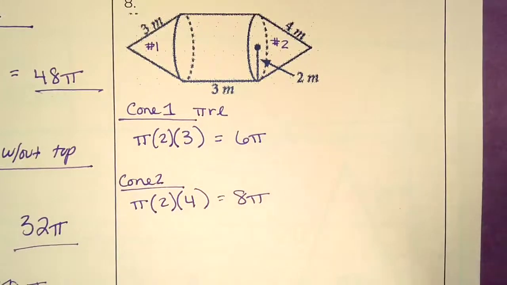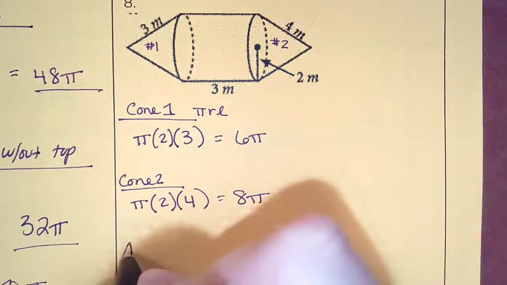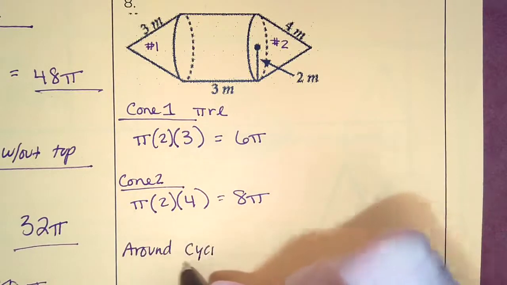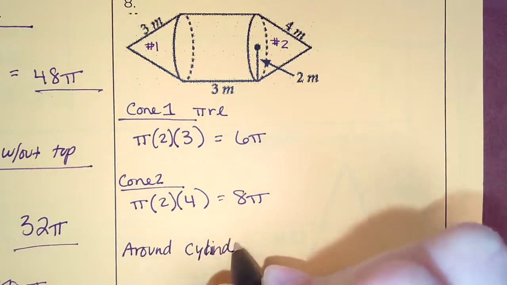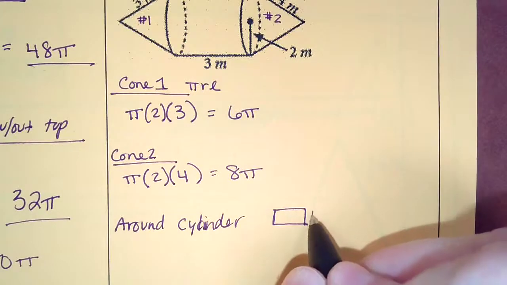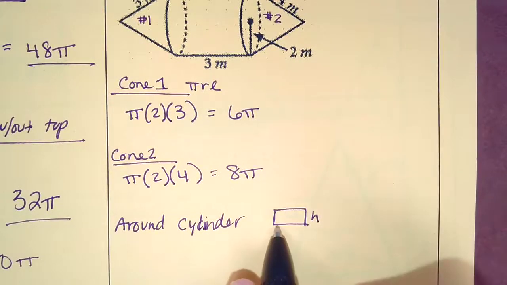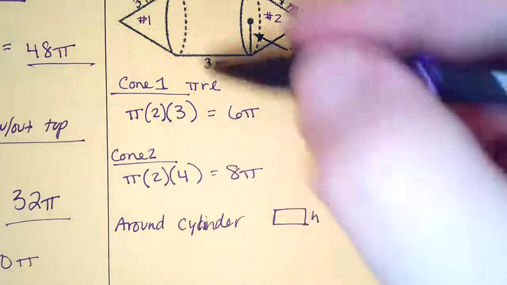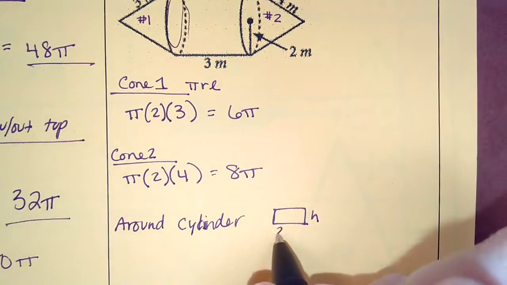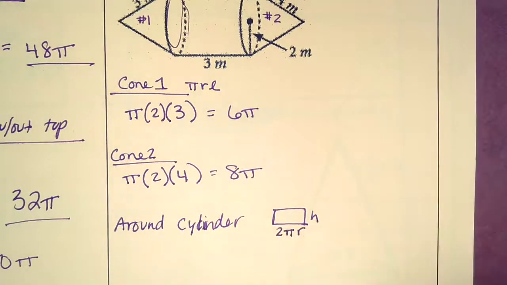Now for the cylinder. So this is throwback to last class, around the cylinder. So think about it. Around the cylinder ends up being a rectangle. We have height here, but around the bottom is around the circle. So instead of base times height, the base is the circumference, 2 pi r.